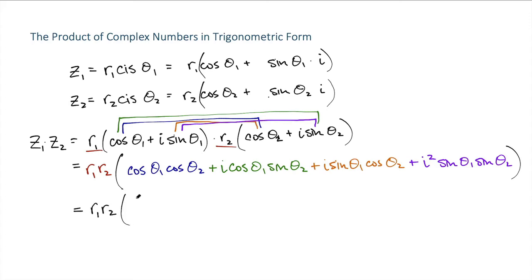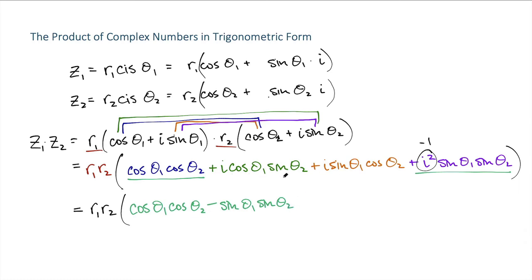All right, now there's a lot going on here, but maybe you're starting to see some things that look familiar. Remember that i squared is negative 1. So this whole thing over here just becomes minus sine theta 1 sine theta 2. So I'm going to combine those two things because those are just both real terms. I get cosine theta 1 cosine theta 2 minus sine theta 1 sine theta 2.